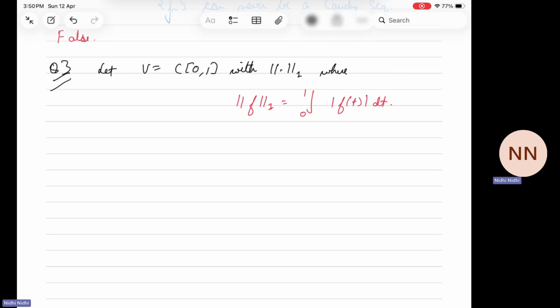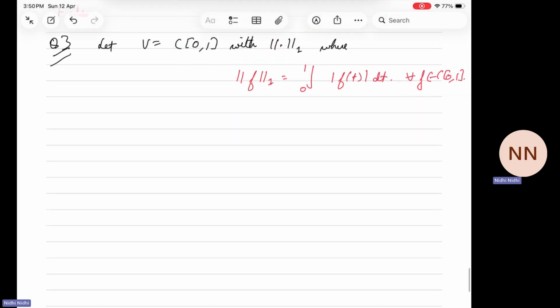Clearly, since any function f in C[0,1] is continuous on a closed and bounded interval 0 to 1, it will obviously always be integrable, and therefore this norm is well defined.